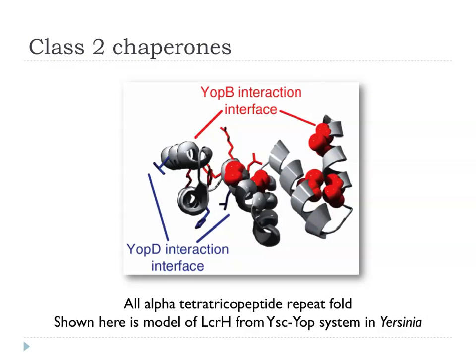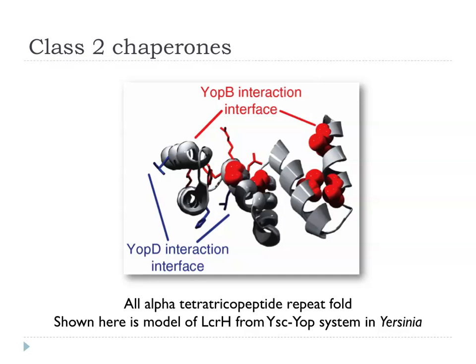Class 2 chaperones: a few years ago, Klaus Futterer here and myself actually came up with a homology model, which turned out to be entirely true, showing that these have a particular fold known as a tetratricopeptide repeat.